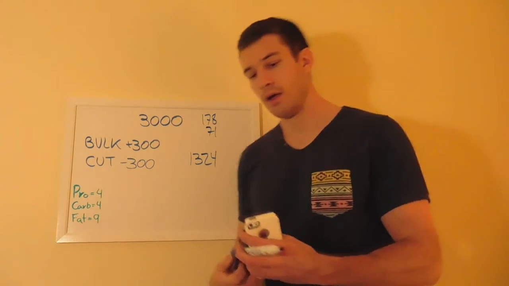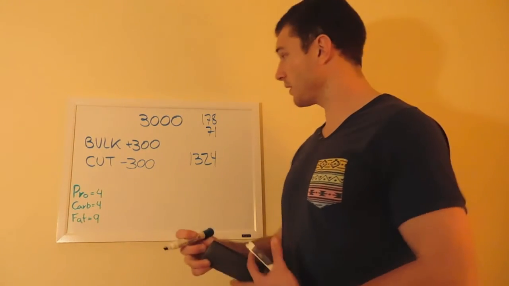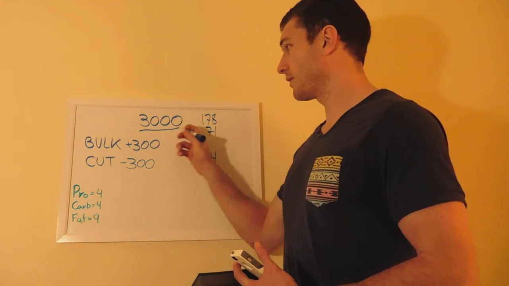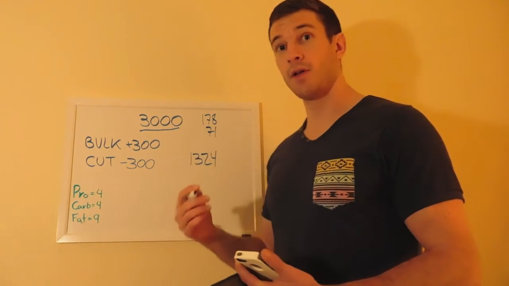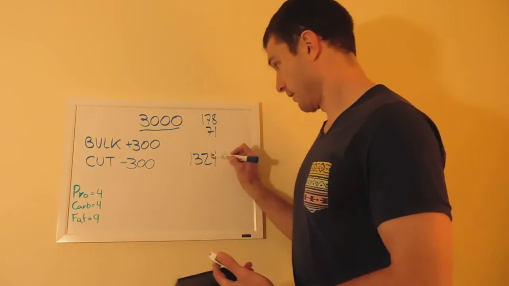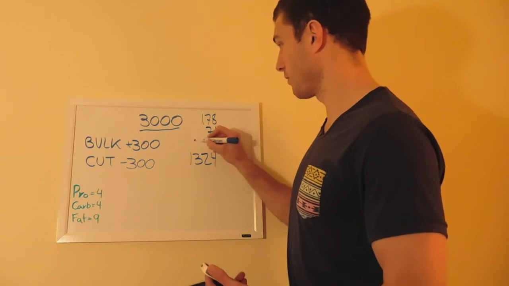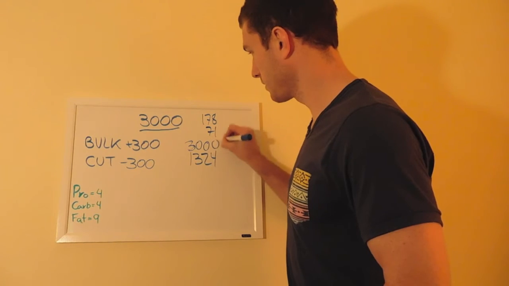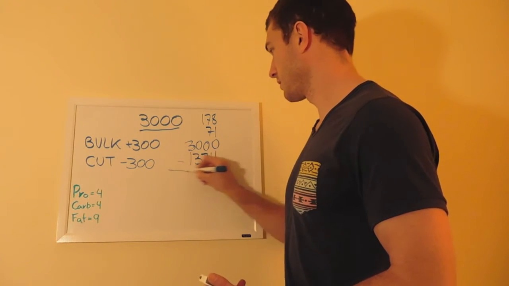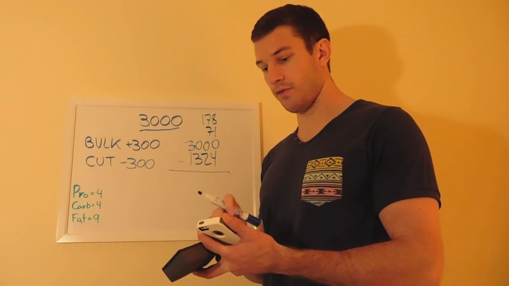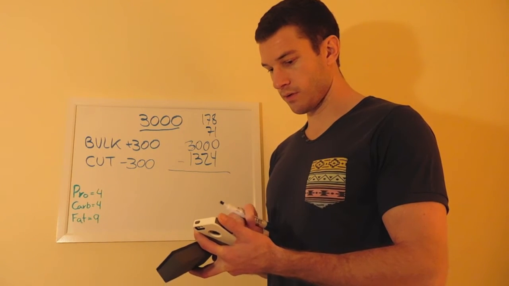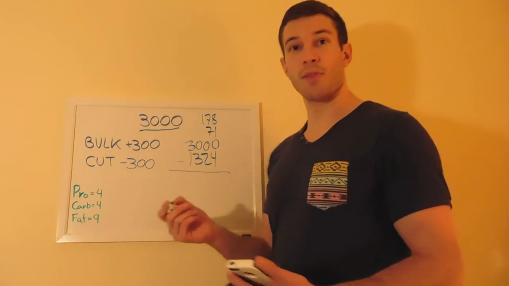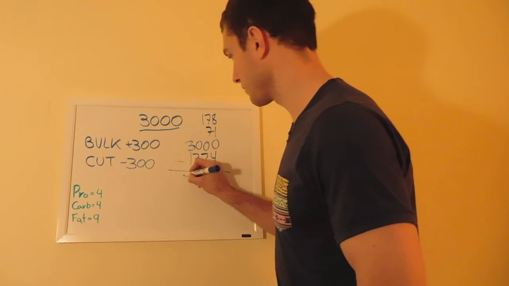1,324, okay? So now what you want to do is, with the original number that we came up with for your calories, you're going to subtract this from this number, okay? So 3,000 minus 1,324 is going to be 1,676, okay?